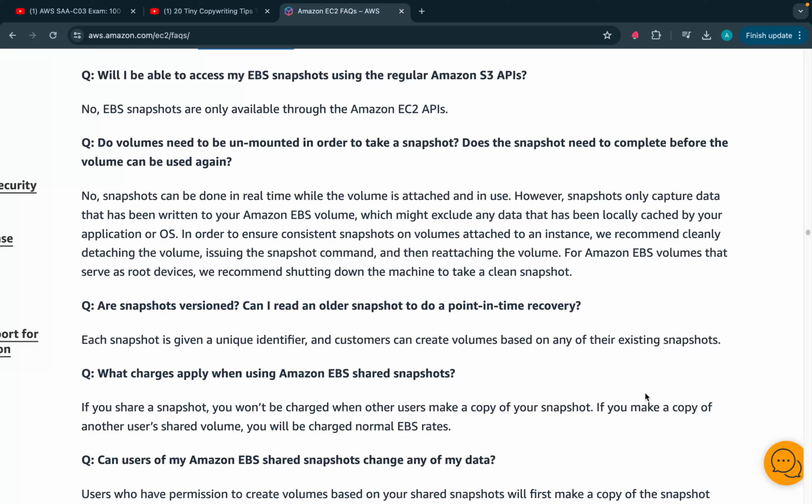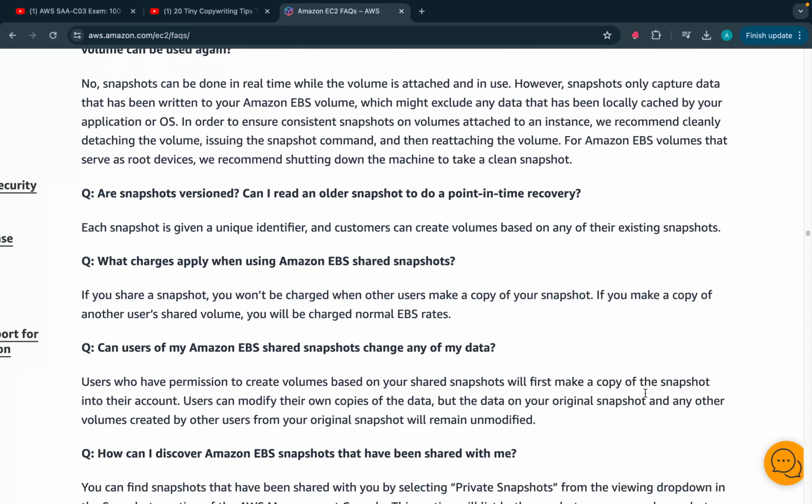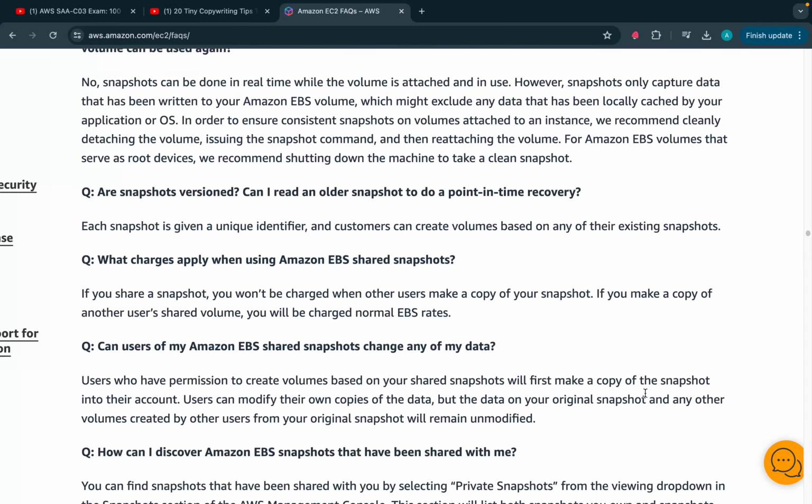Are snapshots versioned? Can I read older snapshots to do a point in time recovery? Each snapshot is given a unique identifier, and customers can create volumes based on any of their existing snapshots. What charges apply when using Amazon EBS shared snapshots? If you share a snapshot, you won't be charged when other users make a copy of your snapshot.